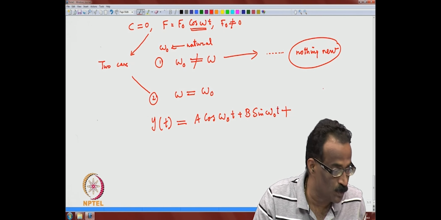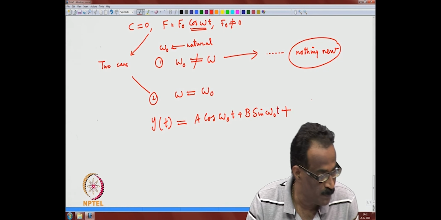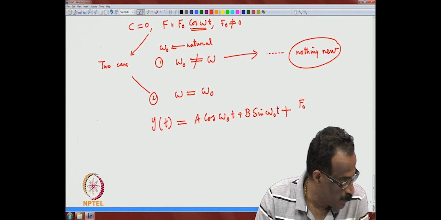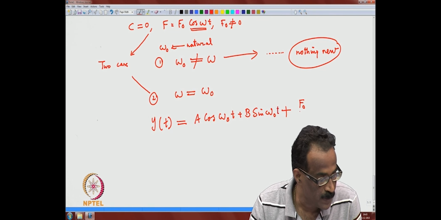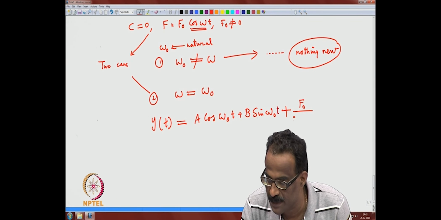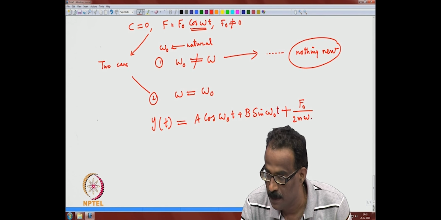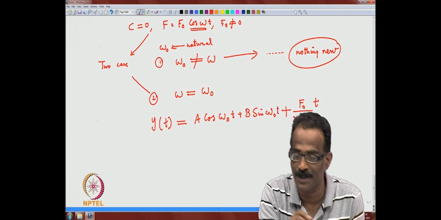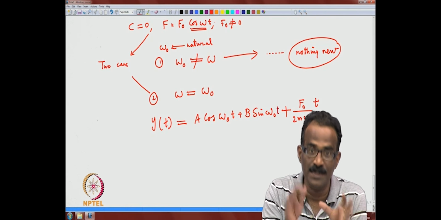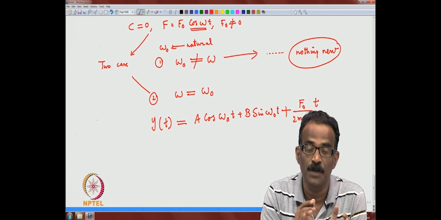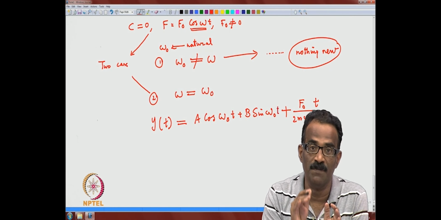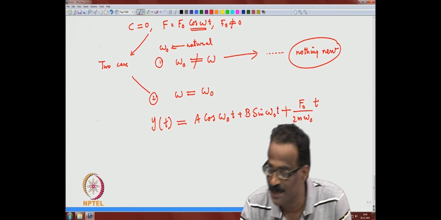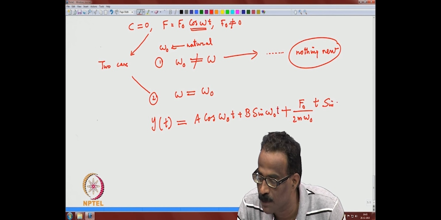The particular solution will be of the form f naught by 2m, a small constant, times t sin omega naught t. The fact is that if cos omega t is a solution to your homogeneous system, you have to look for a particular solution of the form t cos omega t or t sin omega t, and that is what it gives you.